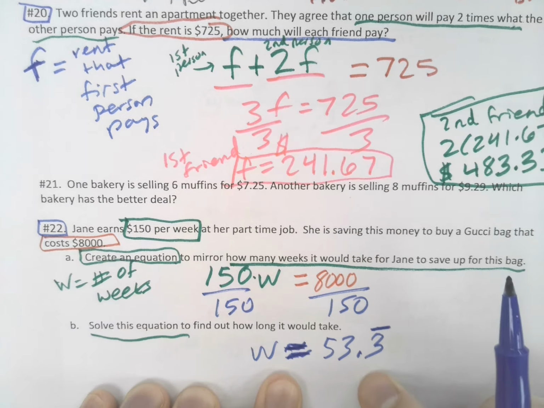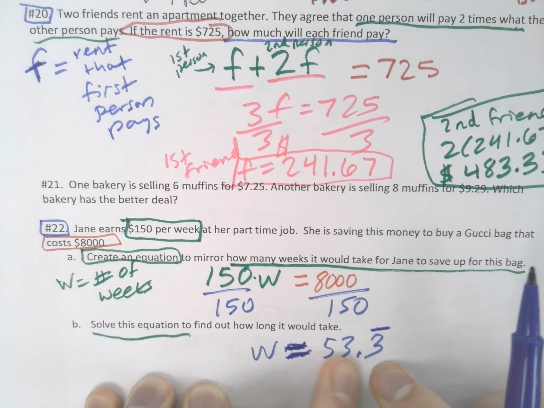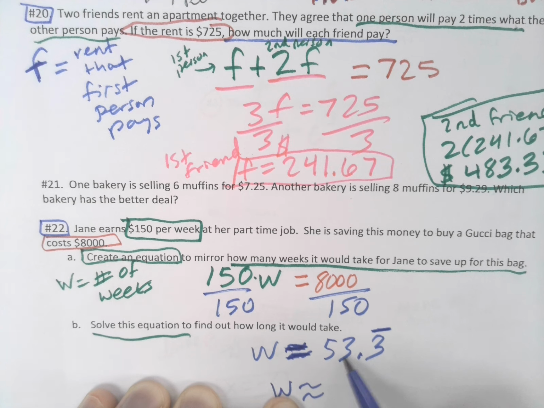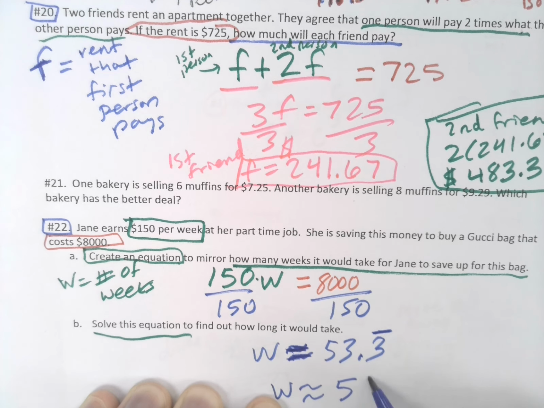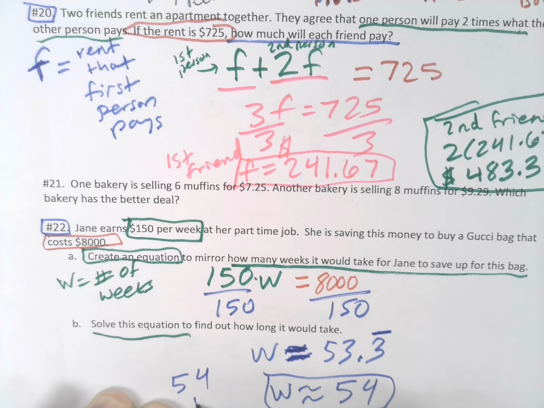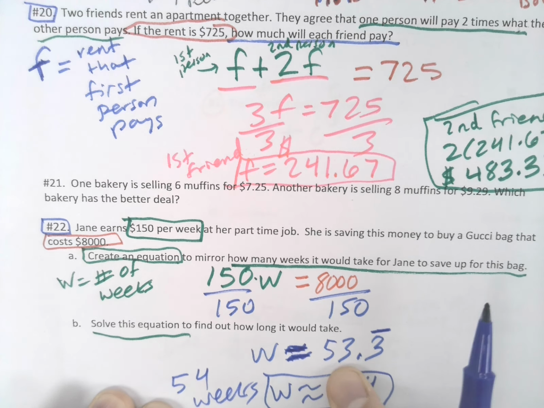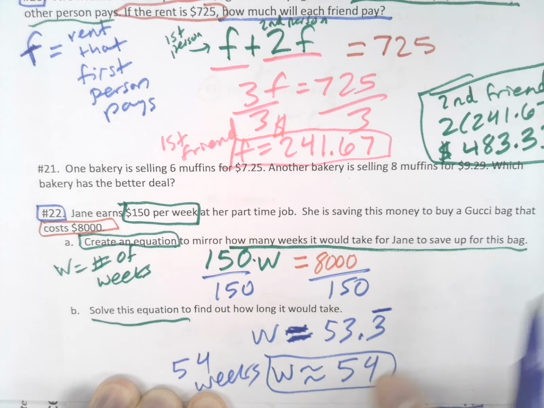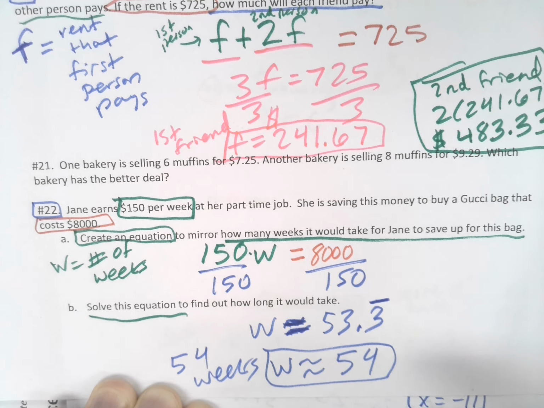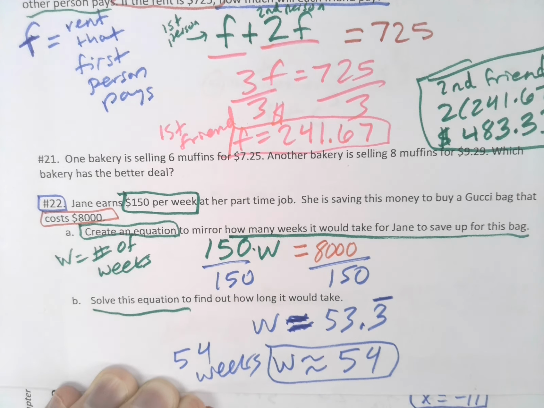Now guys, you don't get paid at 0.3 of a week. So what will this really be? Well, she's going to have to work an extra week. So about 54 weeks. She's going to have to work that extra week to make sure she gets enough. If she works 53, she won't have enough. So 54 weeks.